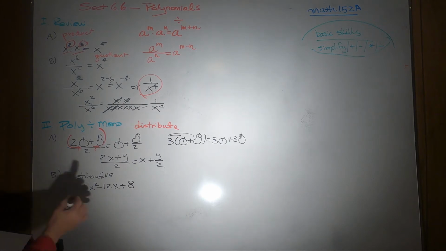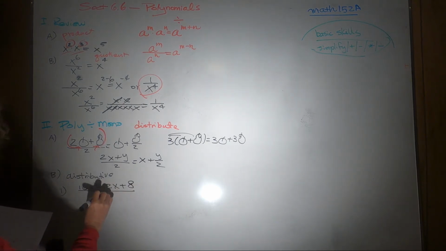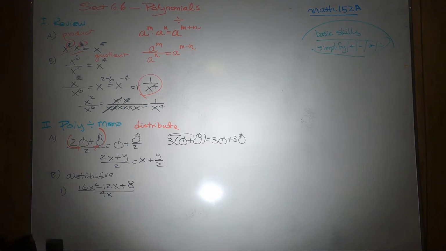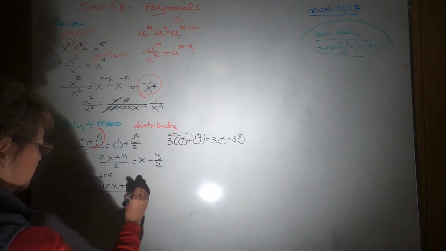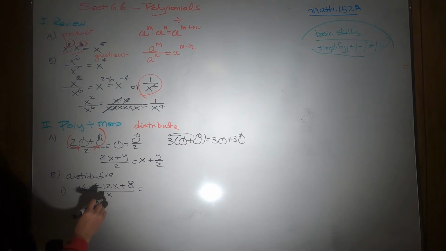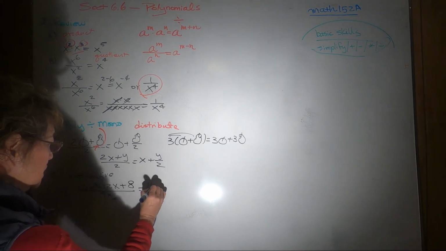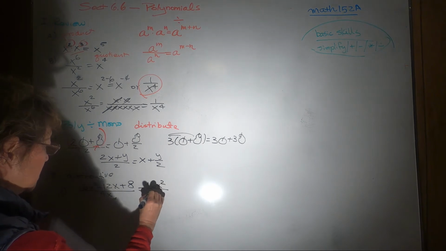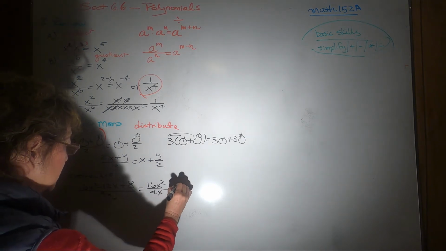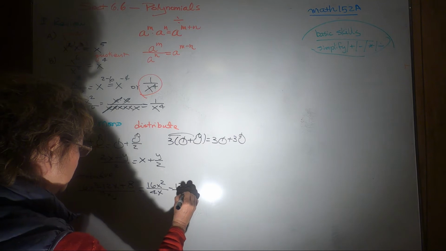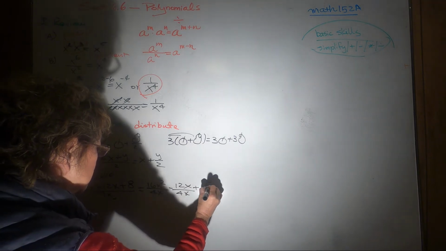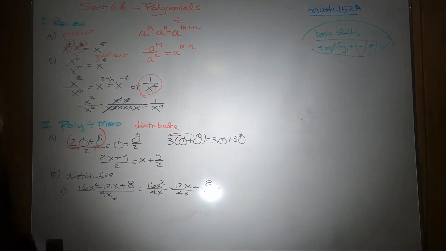So if we have this one, how many terms do we have? A trinomial, 3 terms, divided by 4x. That means you need to distribute this monomial to everybody. So you will have 6x squared divided by 4x, minus 12x divided by 4x, and 8 divided by 4x, right?